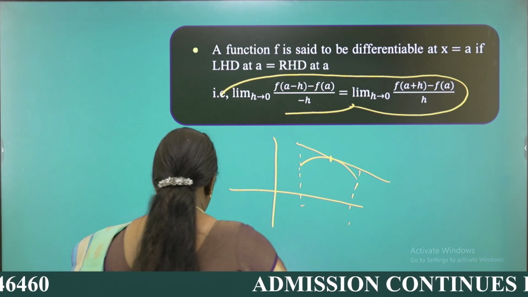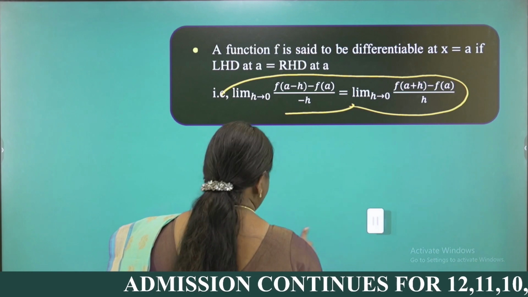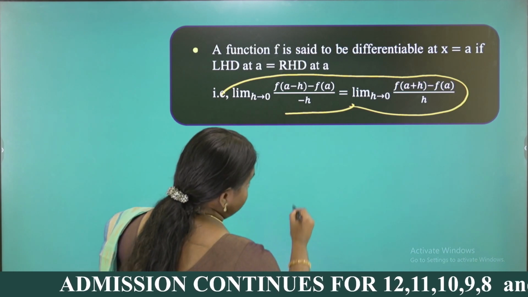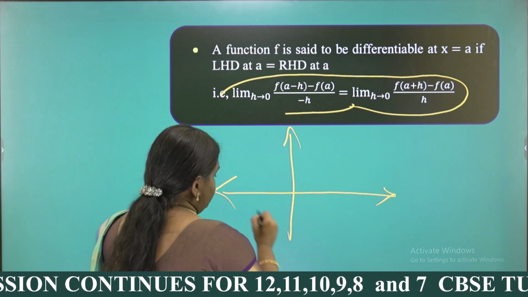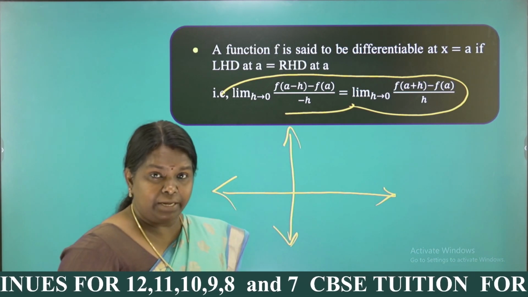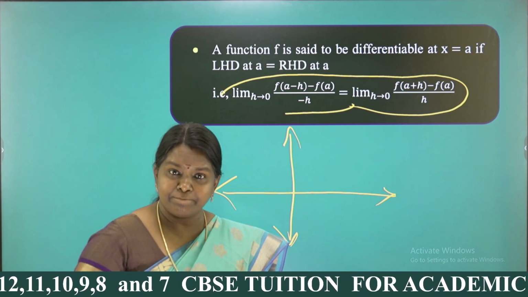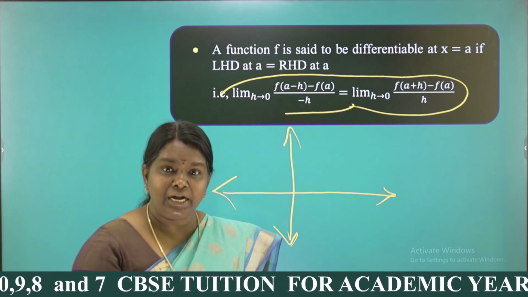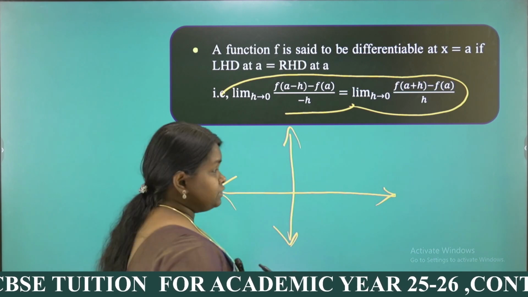Do you know why it is not differentiable in the case of the modulus function? As I have already explained, the modulus function is everywhere continuous, but it is not differentiable at x equal to 0.